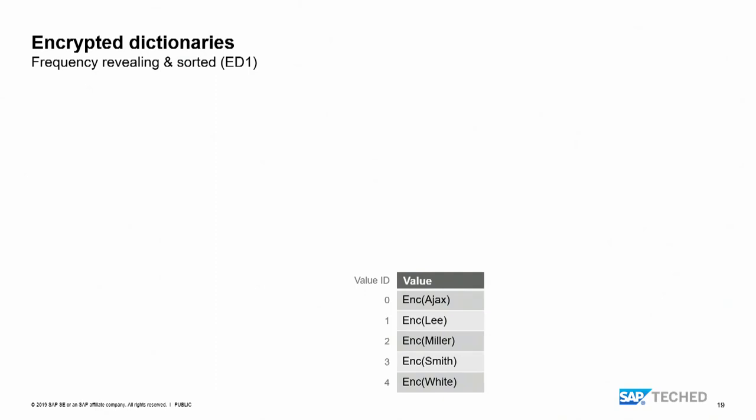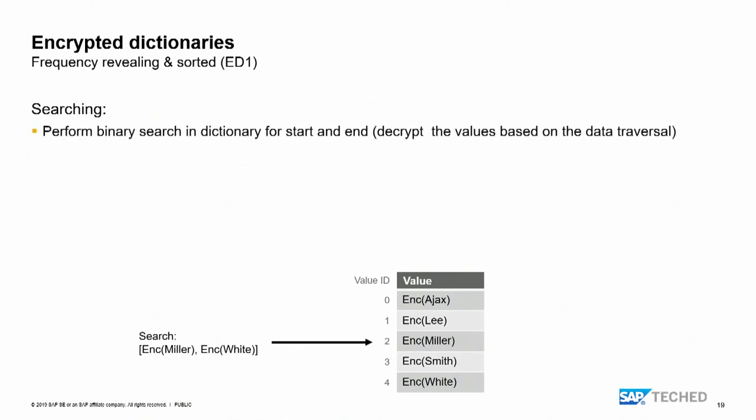We have, again, the same example column, the same example dictionary at the bottom, and we want to perform a search. We want to search for everybody that's between Miller and White. And our dictionary is sorted, so we can perform binary search now. One binary search for the start and one for the end.